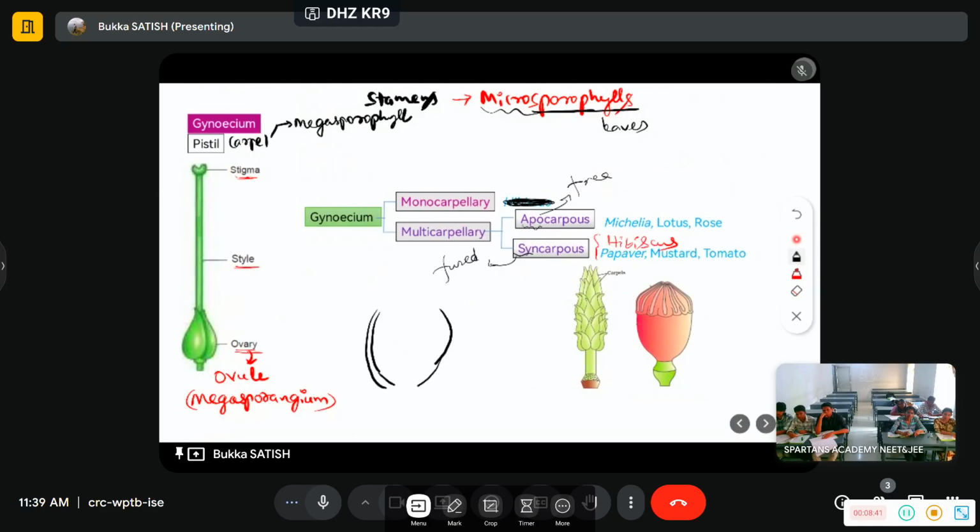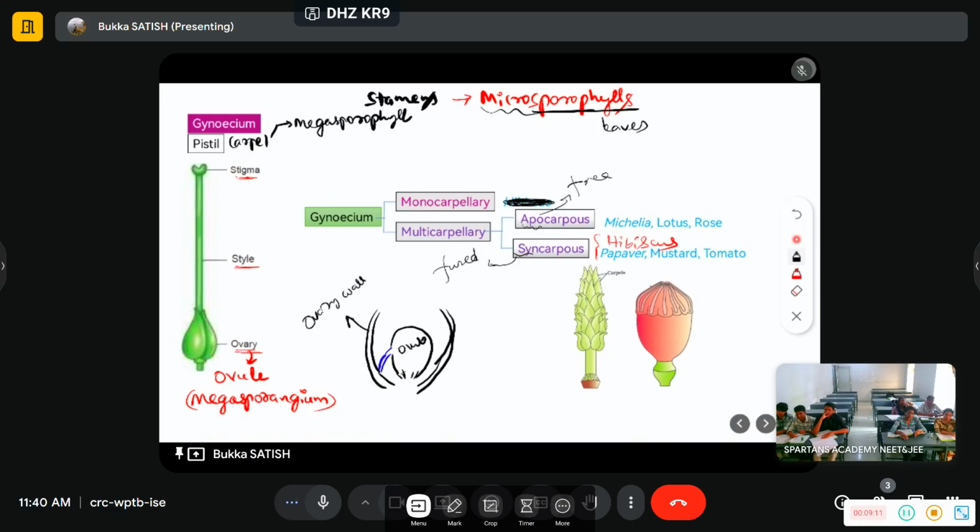See, this is the ovary wall. Here, the ovule is attached at a particular point. I'm just showing only one ovule. It can be multiple ovules also. To that ovary wall, the ovule is attached.